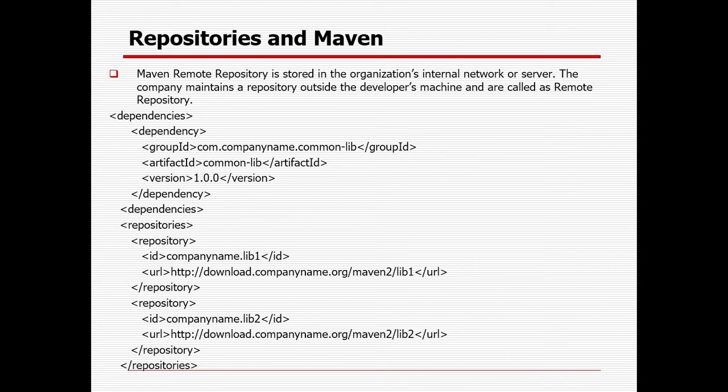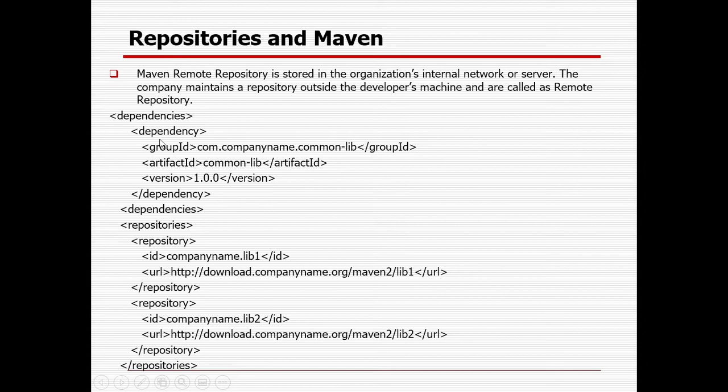So this is called a remote repository. A remote repository is stored in the organization's internal network or server, which cannot be accessed outside your organization. The company maintains a repository outside the developer machines, and it is called a remote repository.